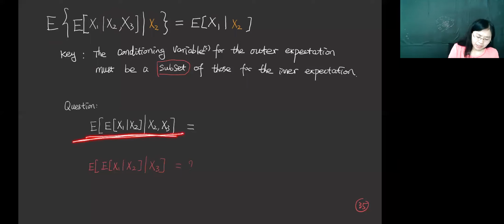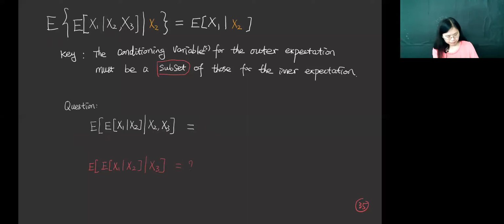In the first expression, we're taking two conditional expectations, obviously, but the outer conditional expectation has more conditioning variables than the inner. What does this expression equal? Does it equal E of x1 given x2, x3? Well, it doesn't. What it equals is quite clear, and without any calculation, we can figure that out.